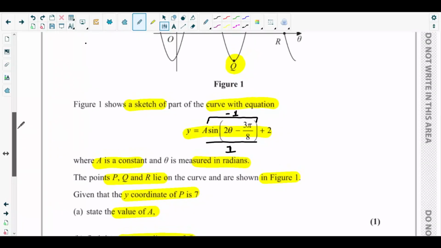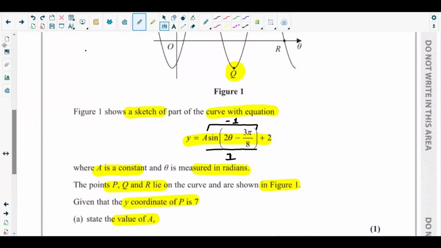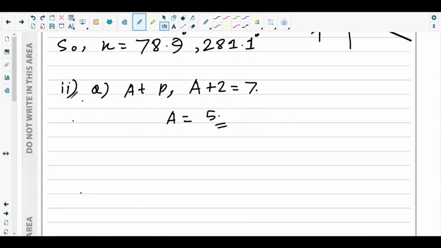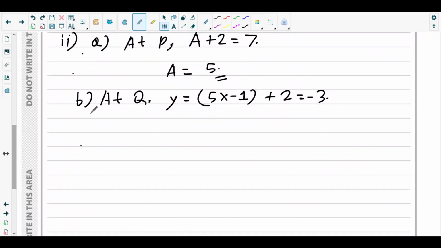Since we could figure out the value of y at point Q, using that we can easily figure out the value for theta. So for part B, at Q, y equals 5 times negative 1, since the value of sine theta will be the minimum, negative 1, plus 2, which is negative 3. Okay, we got the y coordinate of point Q.